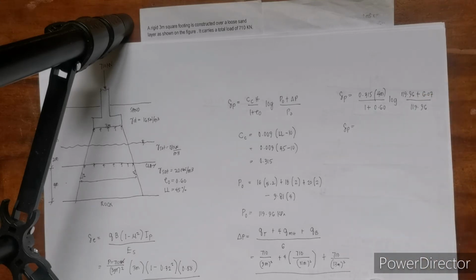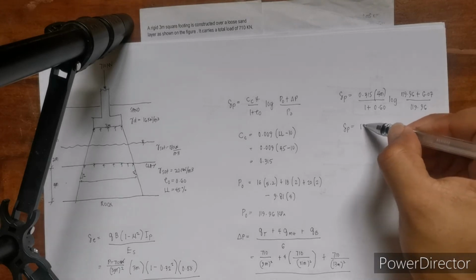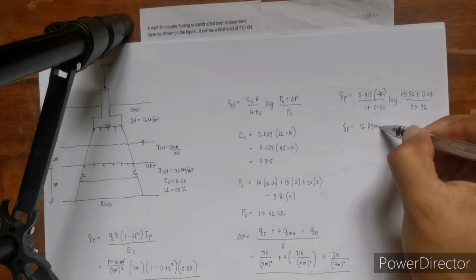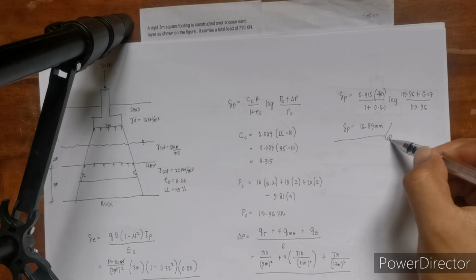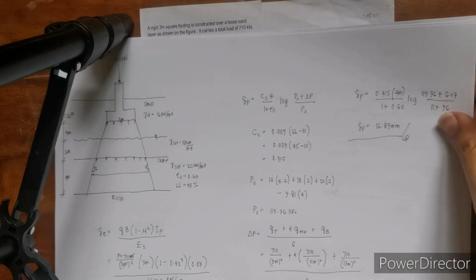Therefore, primary settlement will be equivalent to 16.89 millimeters. And that is for the second requirement.